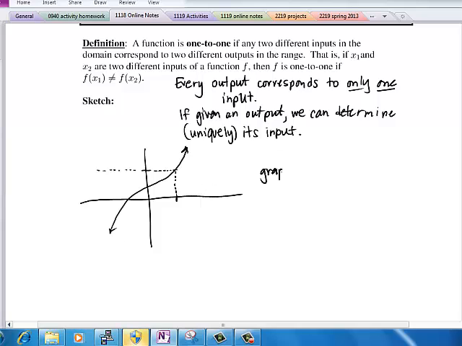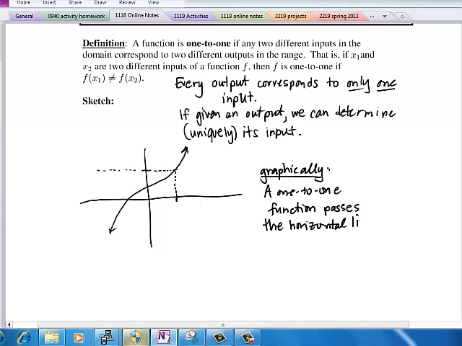So graphically, a one-to-one function passes what's called the horizontal line test. And that means each horizontal line crosses the graph at most once.